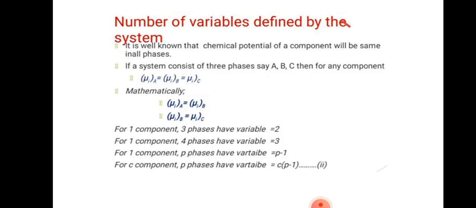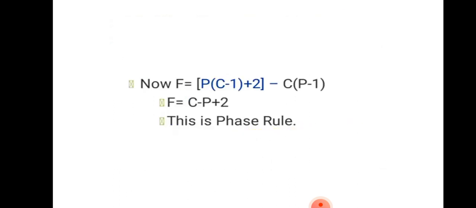So the total number of variables defined by a system is equal to C into P minus 1. Now we put the total number of independent variables minus number of relationships between variables at equilibrium in the degree of freedom formula F. So F is equal to total number of independent variables, P into C minus 1 plus 2, minus number of relationships between variables at equilibrium, C into P minus 1.